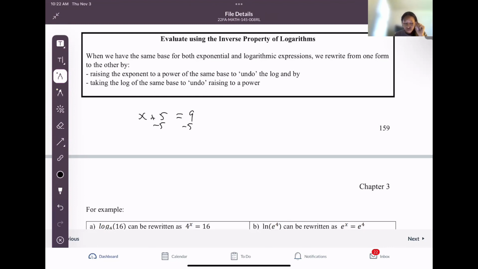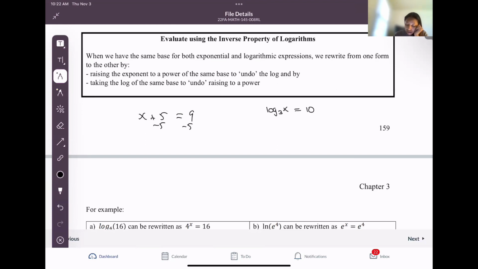Okay, so if we wanted to take log base 3 of x equals, I don't know, 10. Okay, this is a logarithm with base 3. To undo this, we'll raise the exponent to a power of the same base to undo the log of 3.